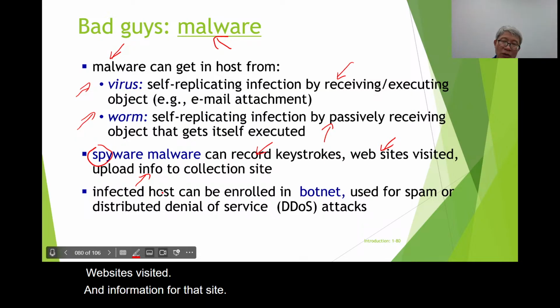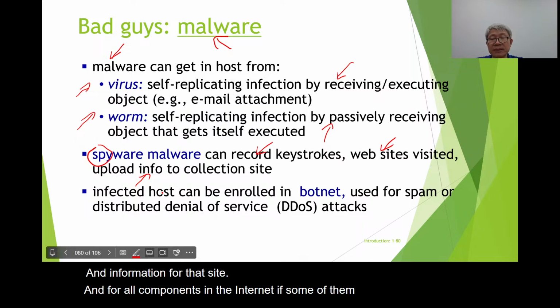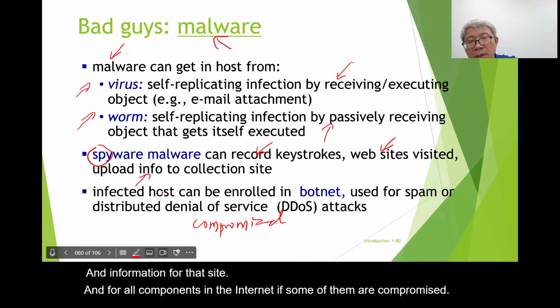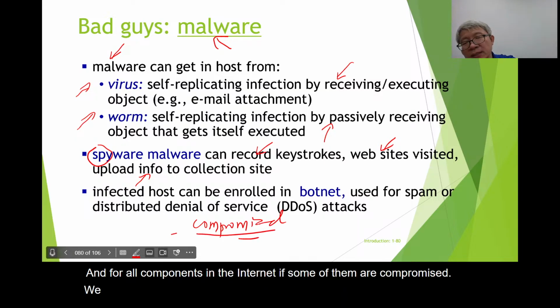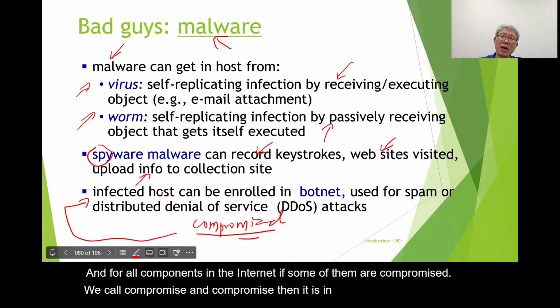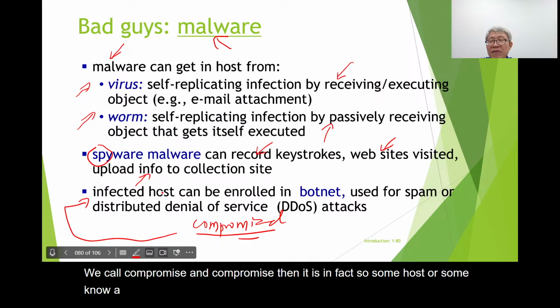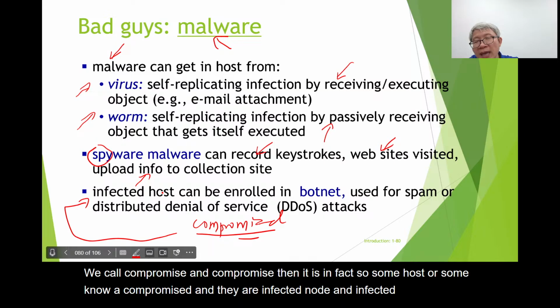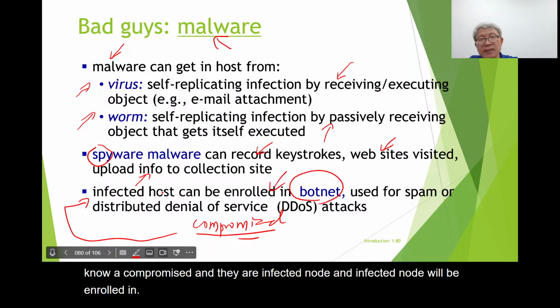And for all components in the internet, if some of them are compromised, then they are infected. So some hosts or some nodes are compromised, then they are infected nodes. And infected nodes will be enrolled in a botnet.